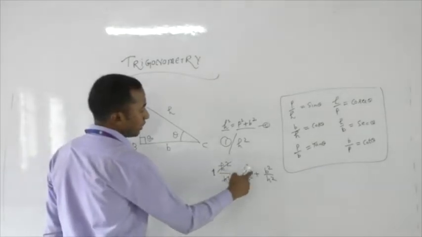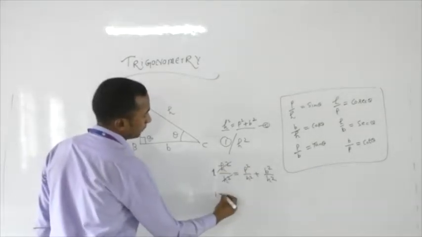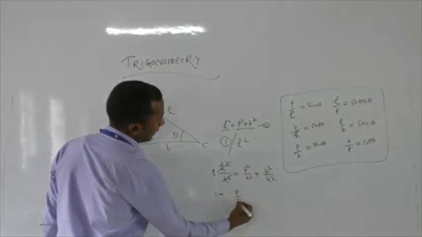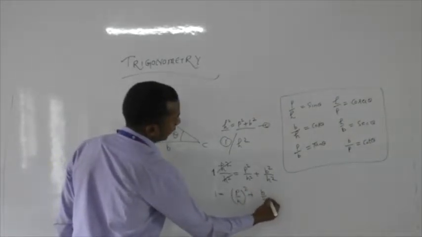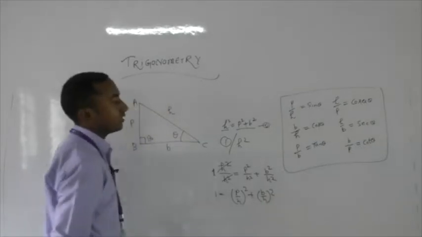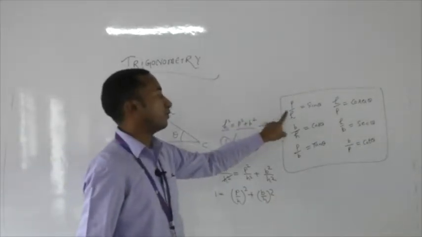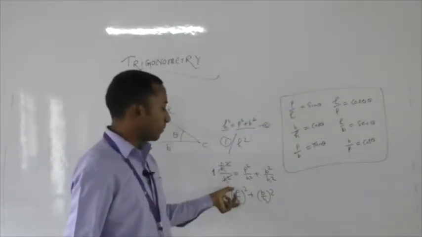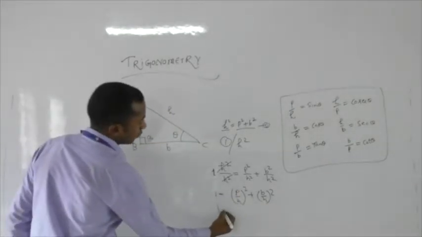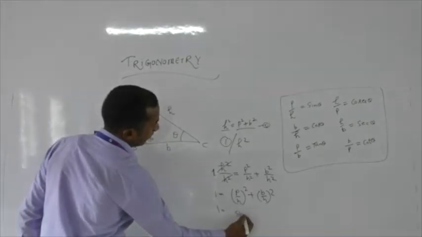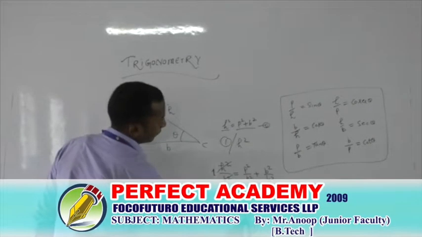Now this is perpendicular square by hypotenuse square, so you can write perpendicular by hypotenuse whole square. You can write base by hypotenuse whole square. And look at this formula: perpendicular by hypotenuse is known as sin theta. So in place of perpendicular by hypotenuse, you can put sin theta. So 1 is equal to sin theta whole square.